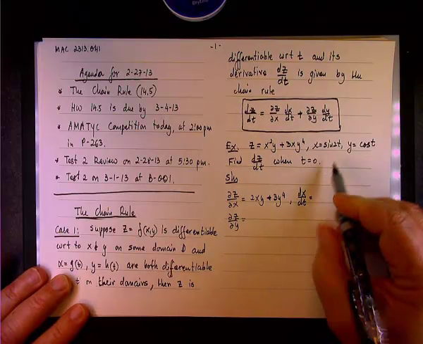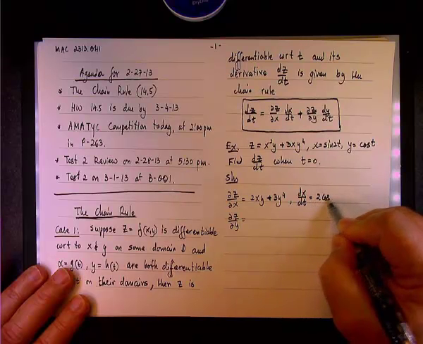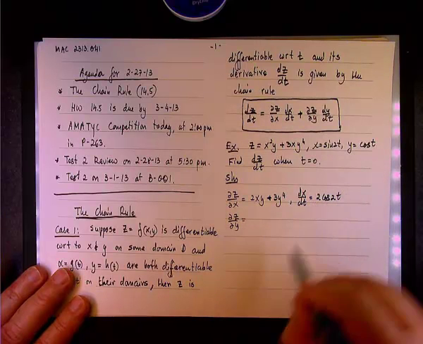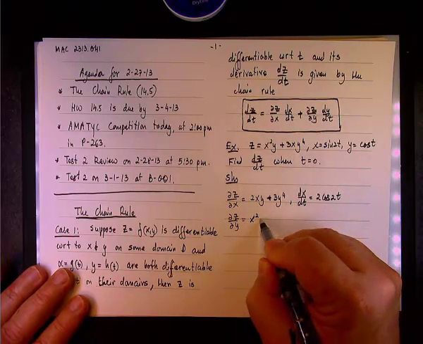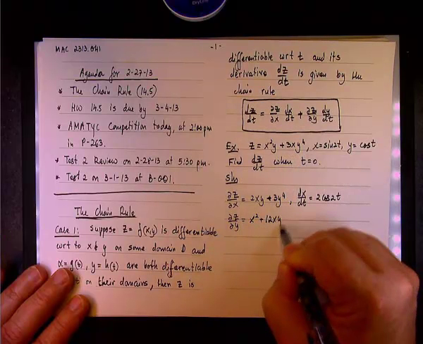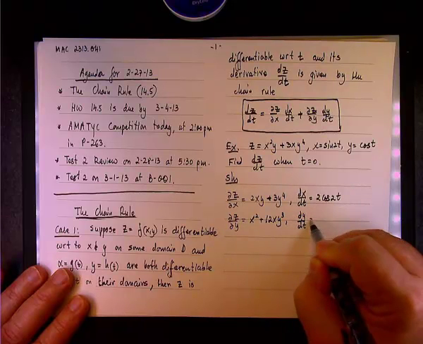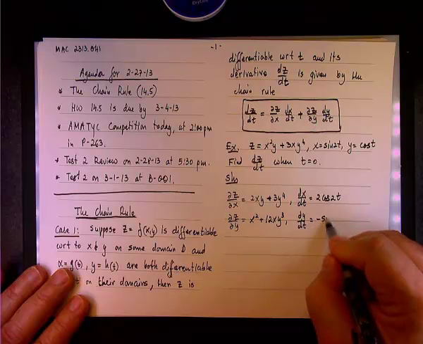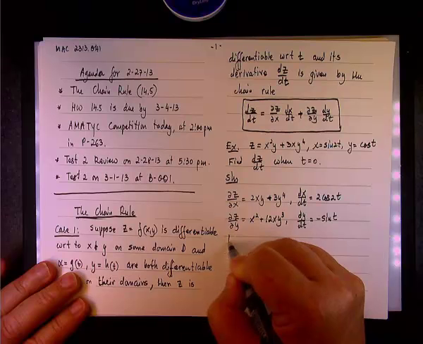Then next to it, I need also dx dt, and x is sine 2t, so dx dt is 2 cosine 2t. And del z del y, looking back on top, is x squared plus 3 times 4, so that will be 12xy cubed. And also dy dt, and that's simply going to be negative sine t.